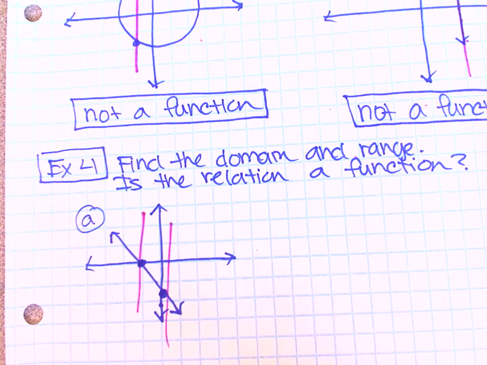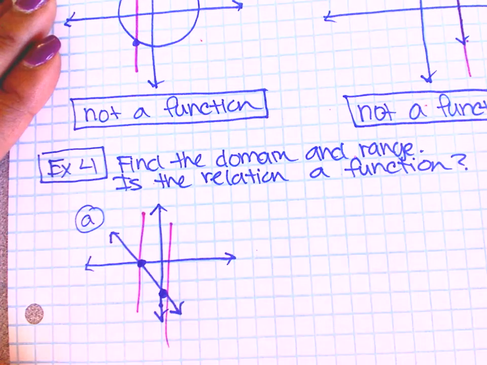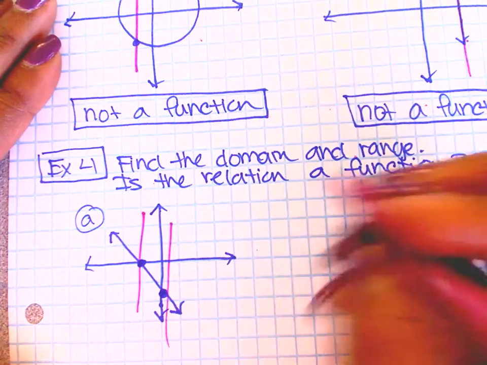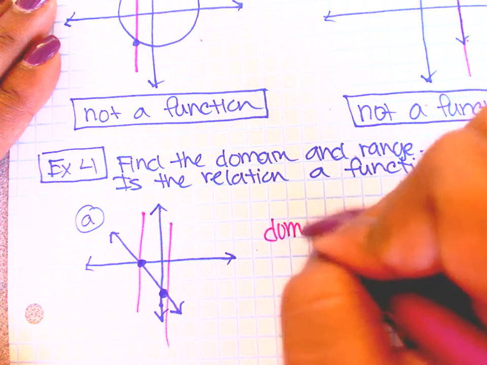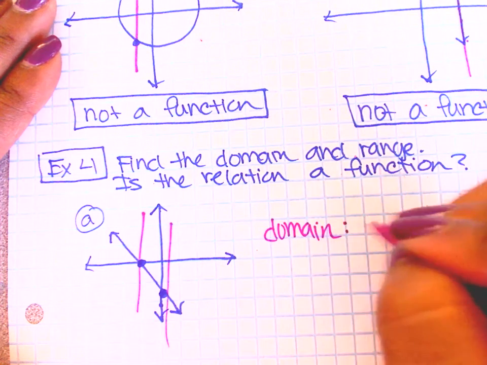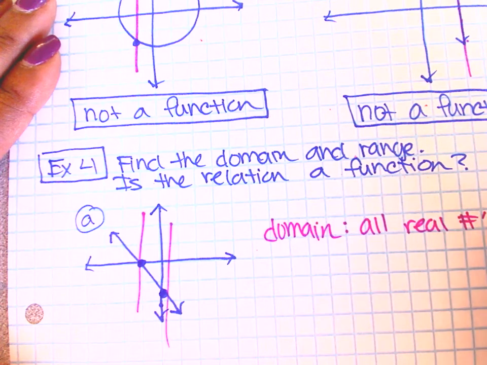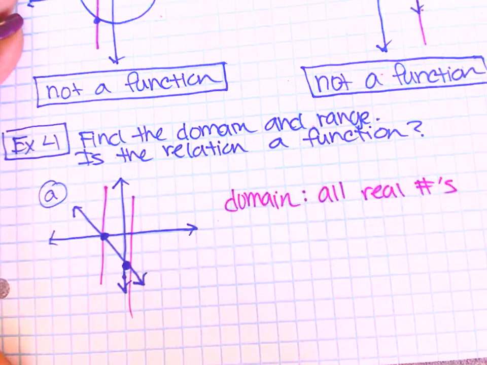Whenever you have a straight line, here's how you say your domain and range. My domain, it's a straight linear line, is going to be all real numbers. All real numbers.